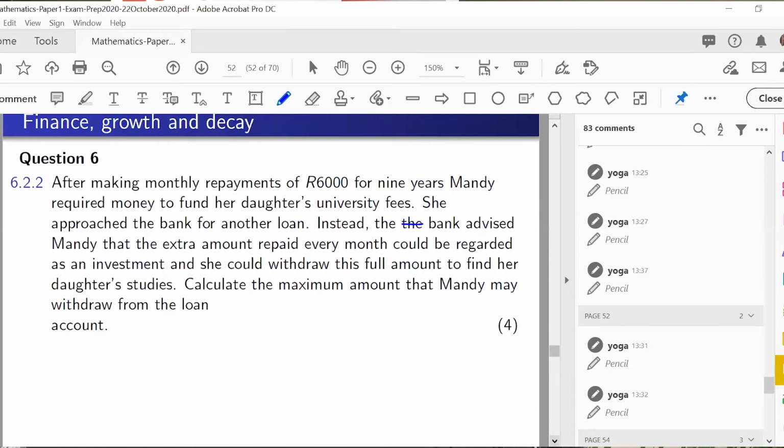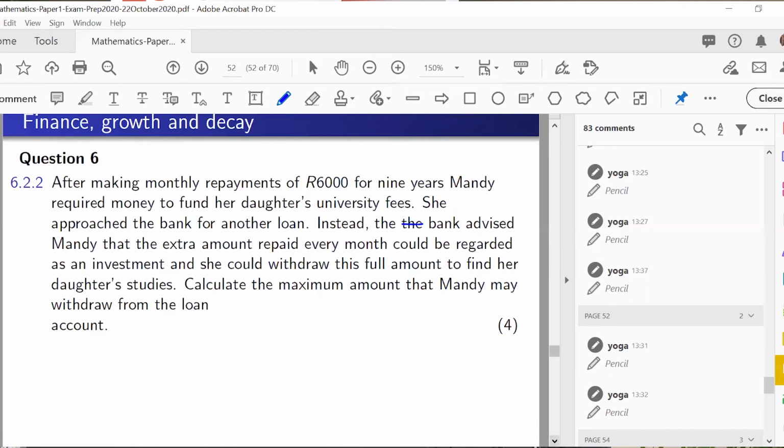Now we get to 6.2.2. After making monthly repayments of 6,000 rand for 9 years, Mandy required money to fund her daughter's university fees.